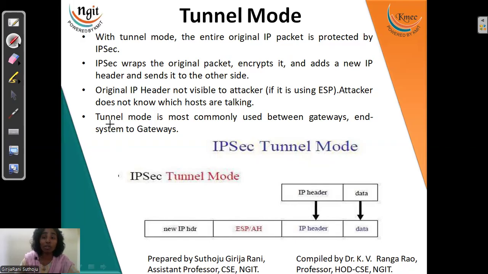We are not communicating directly from system to system, so we need a new IP header generated. Instead, the original IP address will be packed together with ESP. ESP and AH are utilized in both modes, tunnel mode and transport mode. The tunnel mode is between an end system and a gateway, not directly host to host.